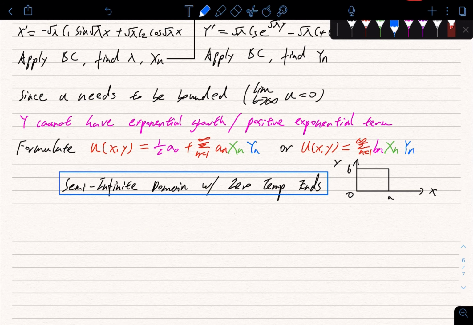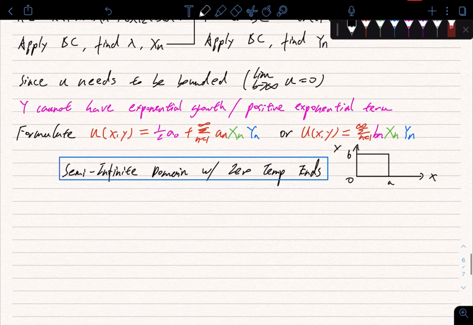In this type of question, we're going to focus on the boundary conditions as follows.